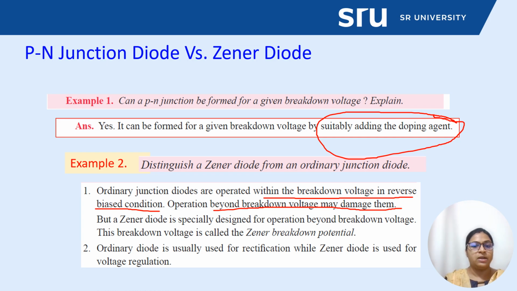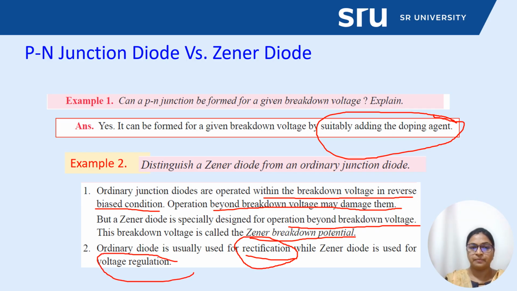But the Zener diode is specially designed to operate beyond breakdown voltage, which we know is the Zener breakdown voltage. Generally the normal diode is used for rectification and the Zener diode is used for voltage regulation.